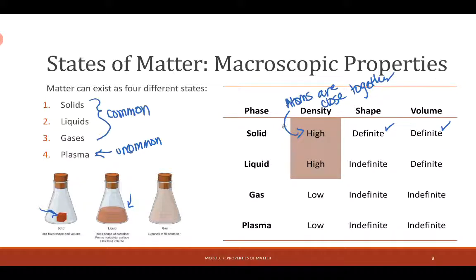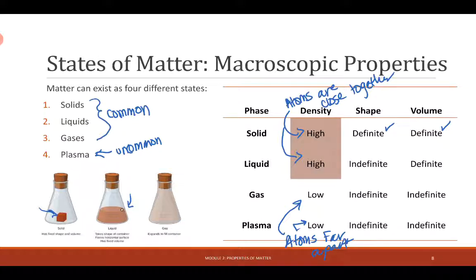So the atoms are close together here and here, and then atoms are far apart for gases and plasmas.